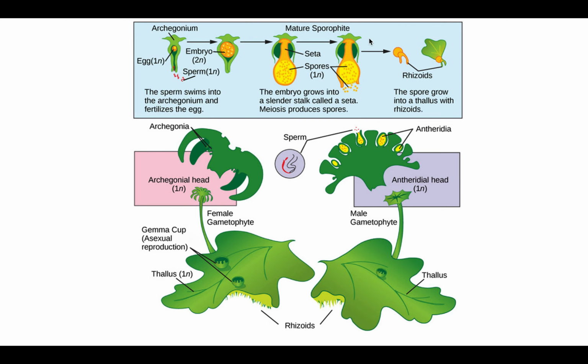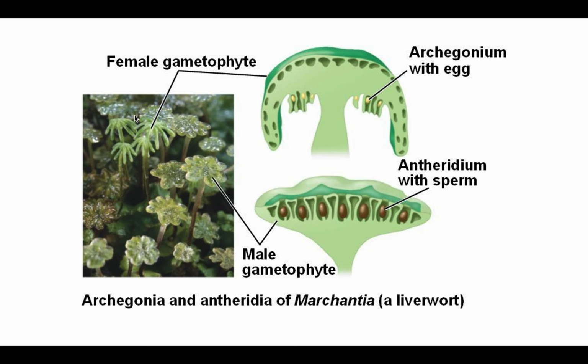We're going to grow into a mature sporophyte and then produce spores all over again, okay? So those spores would germinate. We don't have true roots. We have what are called rhizoids. So they're going to germinate and then grow little, root-like structures, and then they can do the process all over again. So here you can see the female gametophyte a little better.